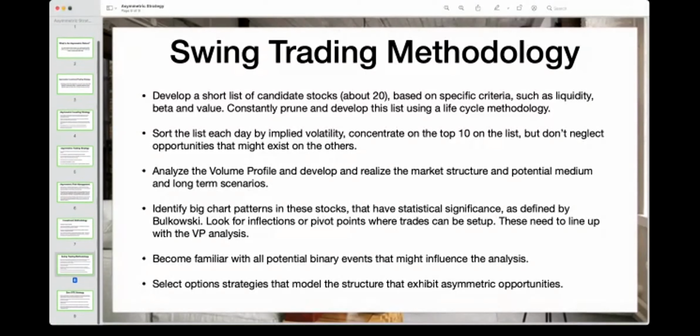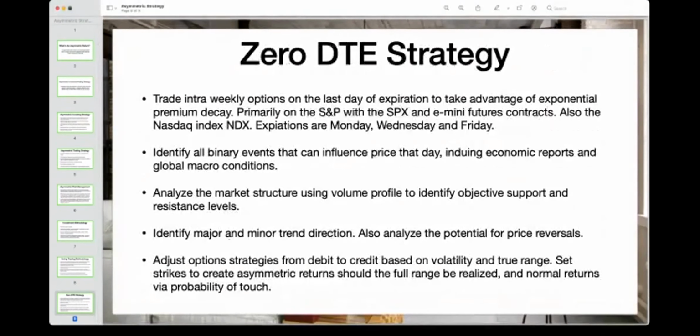All right. So the very last slide is our 0 DTE strategy. Our 0 DTE strategy has a lot in common with the swing strategy, except that we're only looking at really one thing, and that's the S&P and derivatives on the S&P, either the S&P index or the E-mini futures.